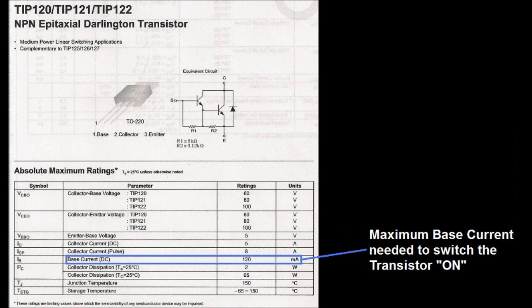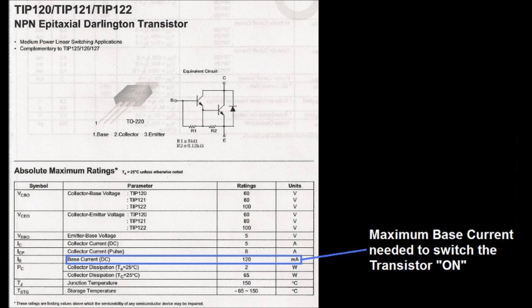Next, you have the maximum base current. The maximum base current refers to the base, and it only requires no more than 120 milliamps. Each transistor will either be identified as a base or a gate, which I'll show you at the end of the video, the different ones that you'll come across.